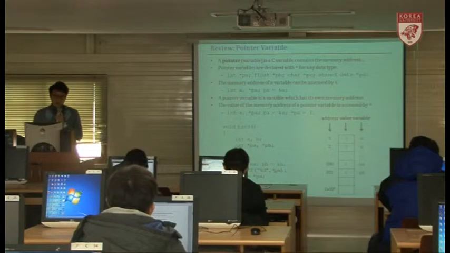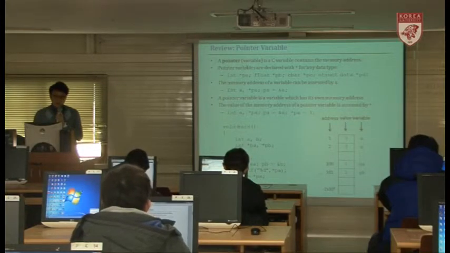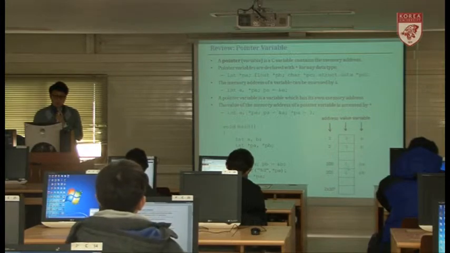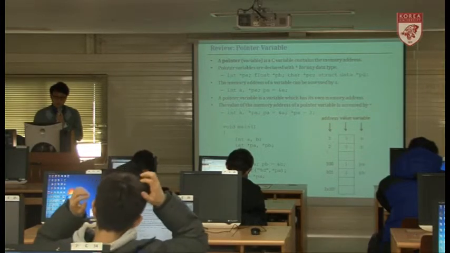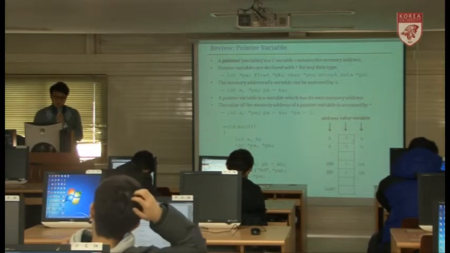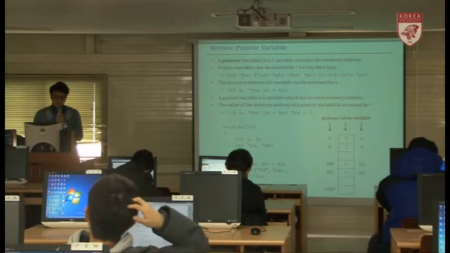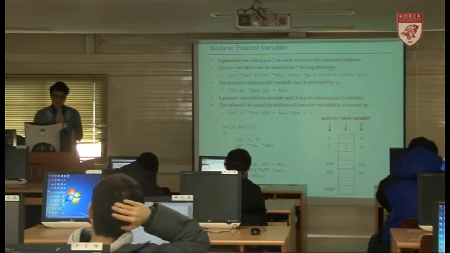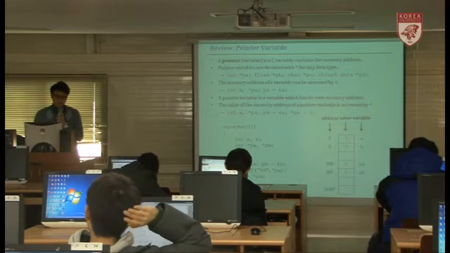Then when you say star PA, PA's value is 1, and star means what is in memory address 1. Then we go there, and that is 3. So from this printf statement, 3 is printed out.